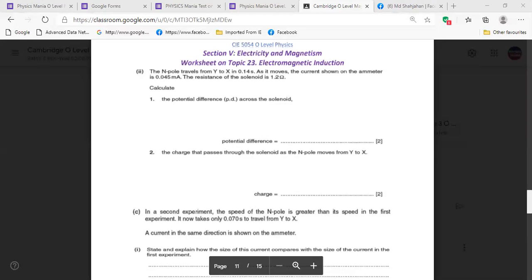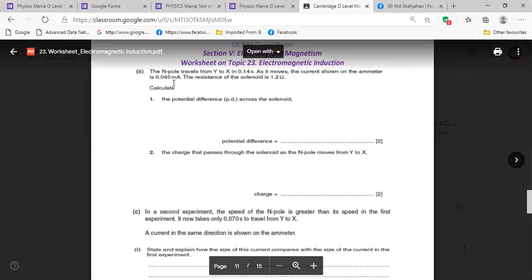So is it volts or millivolts? Because your current is given in milliampere. Oh, then it will be millivolts.